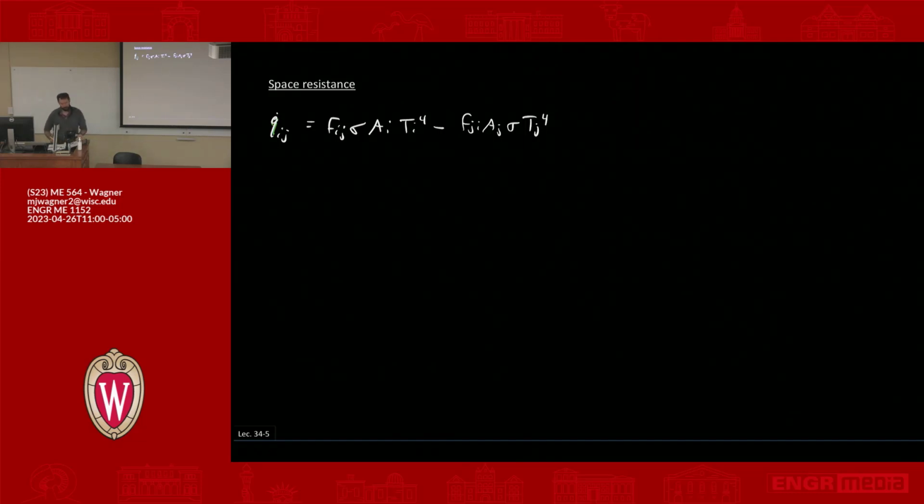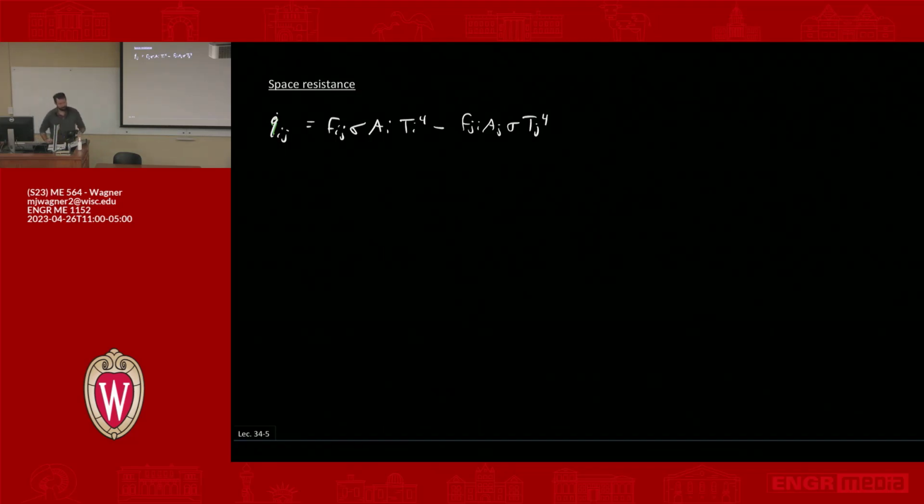What we want to do is maybe write this in a way that looks more like a potential, more like our typical way of writing heat transfer equations, which is some driving potential divided by some resistance. So if you remember back to last lecture, we discussed this idea of emissive power, right? Where sigma T to the fourth is the emissive power.